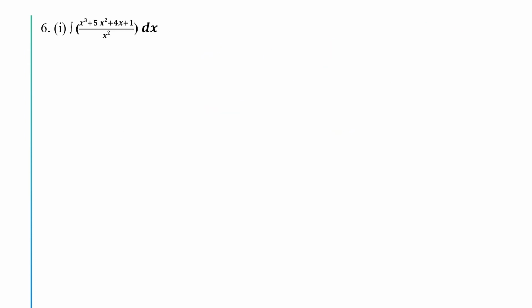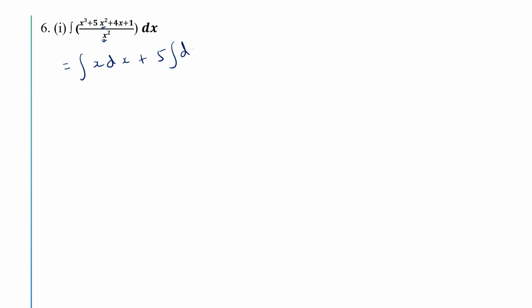The next question, integral x cube plus 5x square plus 4x plus 1 divided by x square into dx. This one we have to simplify. We have to divide each term by x square. So x cube by x square is x. Integral x dx, then plus 5 into integral x square by x square is 1.